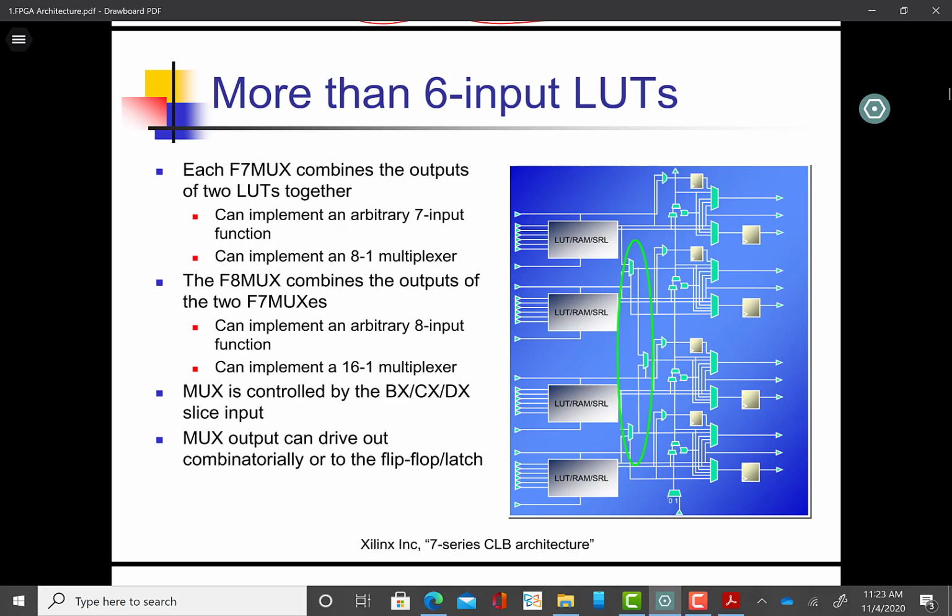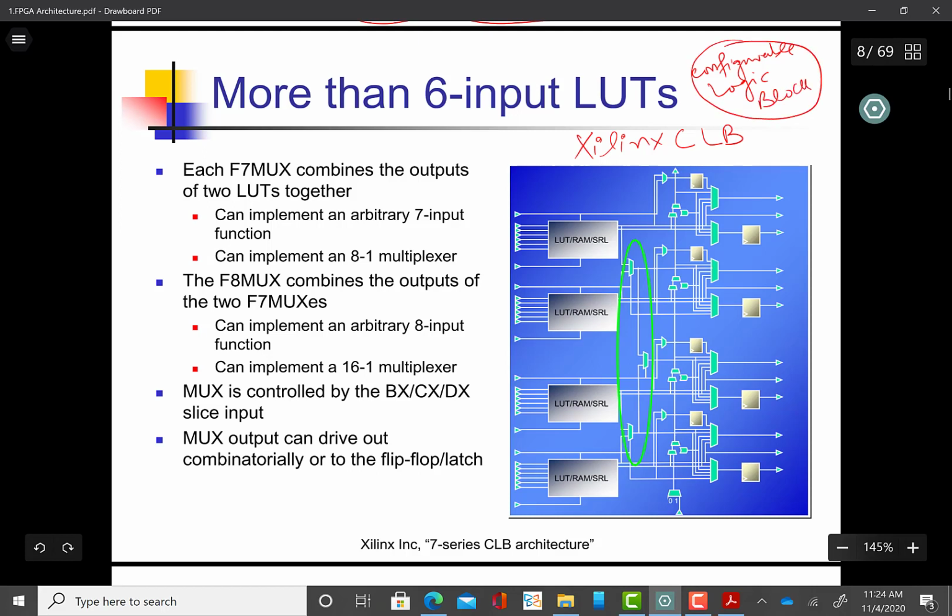So this is the picture of a Xilinx CLB. The CLB stands for configurable logic block.